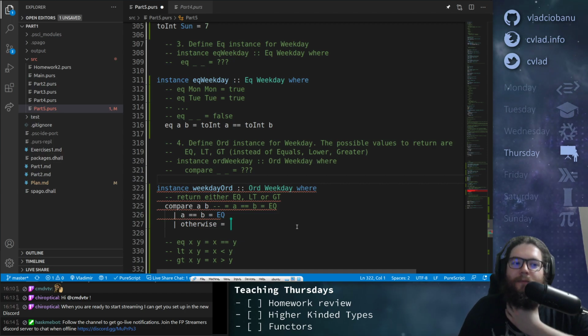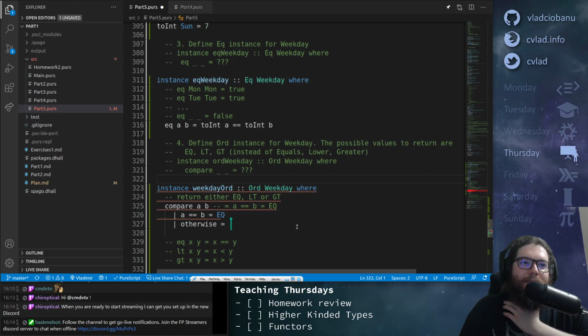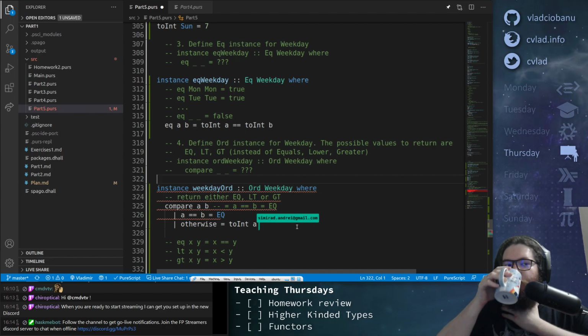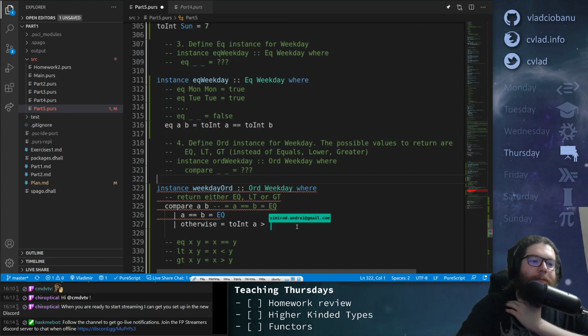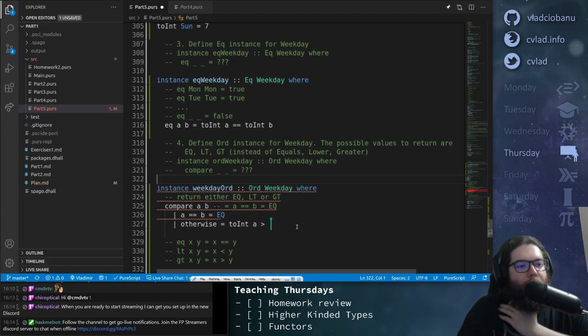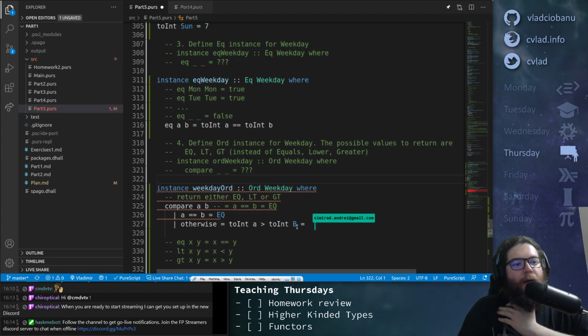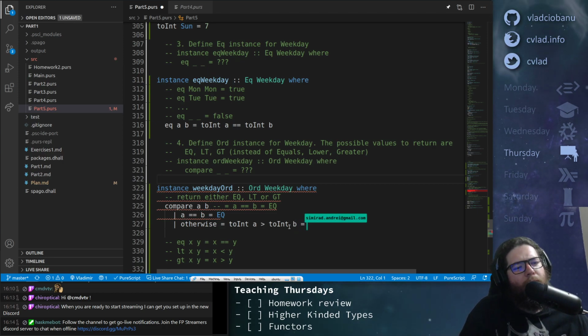I mean, can I call the toInt again? Yep. That's I would probably going to be the easiest to do. Do toInt of A is greater than toInt of B. Okay. Then we get GT. I put capital B for some reason.